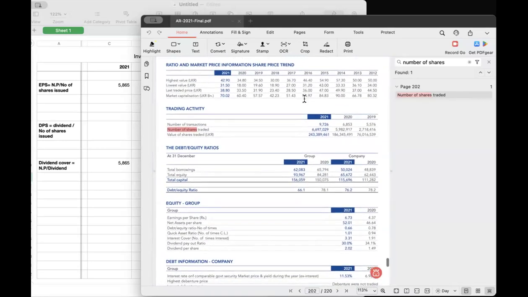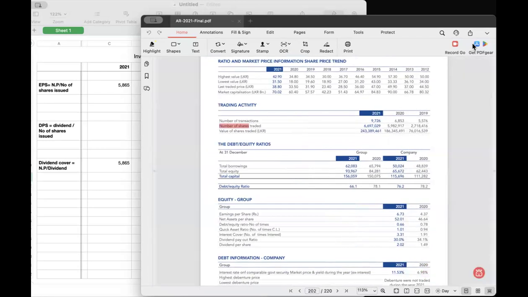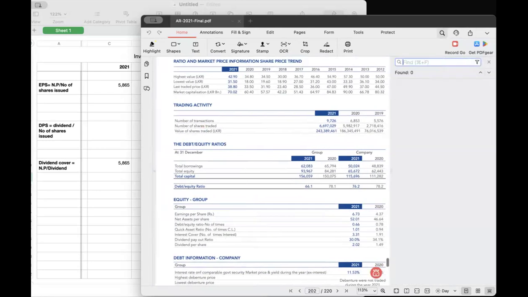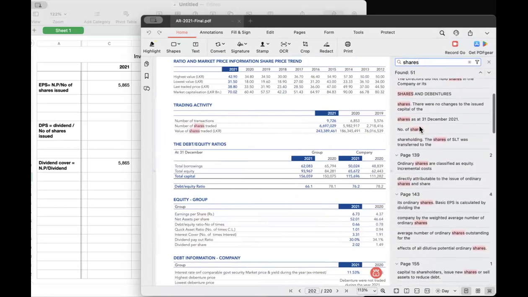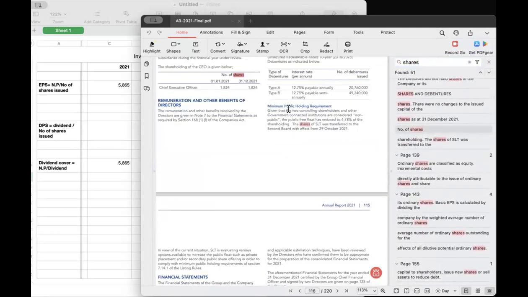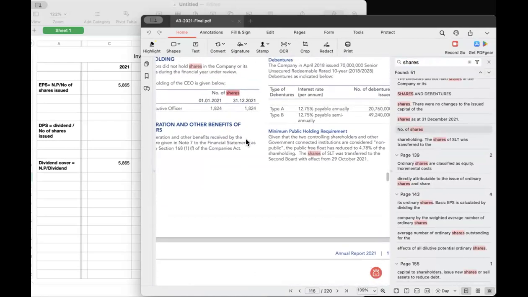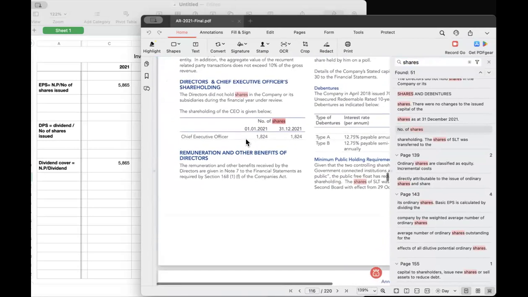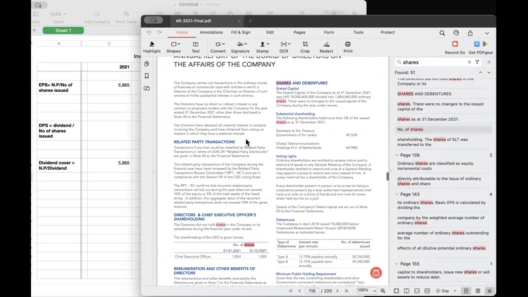It is somewhere around here. They've definitely given you the shares. Let me check. Oh, no, this is not this one. This is the chief number of shares. Number of shares issued.